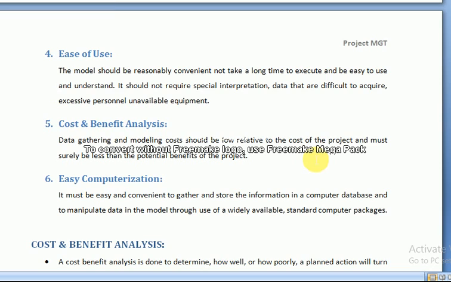Then easy computerization. It must be easy and convenient to get and store the information in a computer database and to manipulate the data in the model through use of widely available standard computer packages.